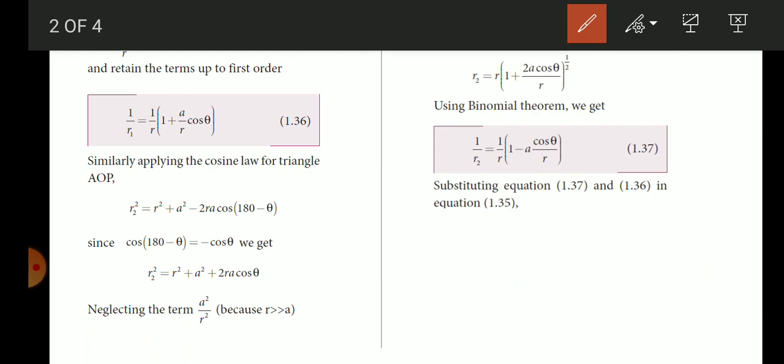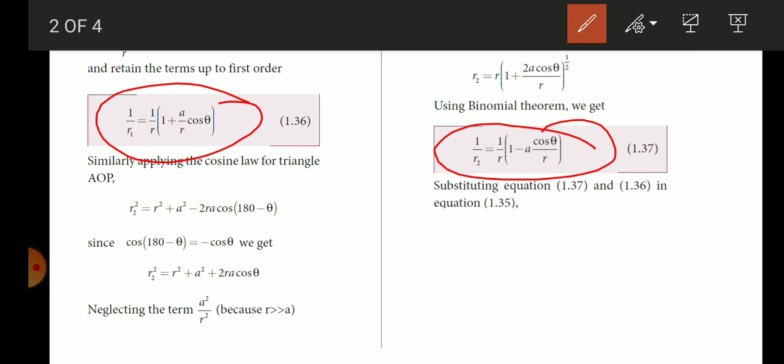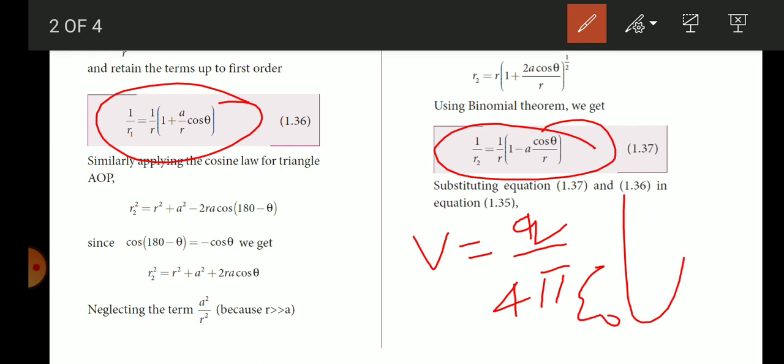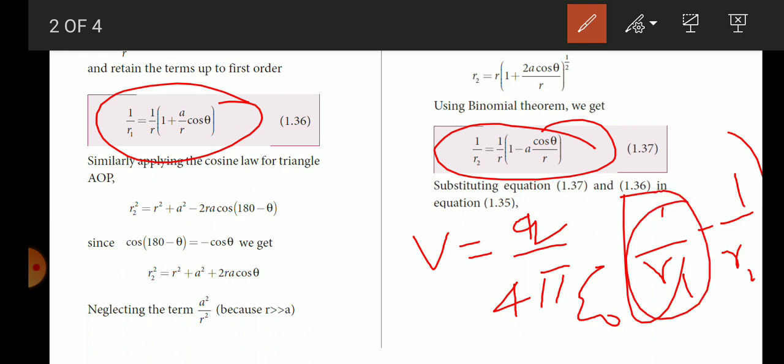Now we calculated both 1 by r1 and 1 by r2. What's the formula we had? V, total potential, is equal to q divided by 4 pi epsilon naught, 1 by r1 minus 1 by r2. Now I know the value of 1 by r1 and 1 by r2.